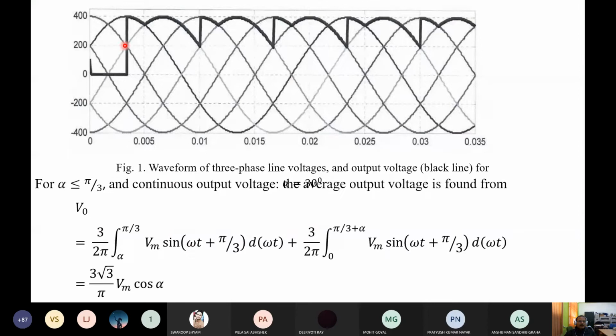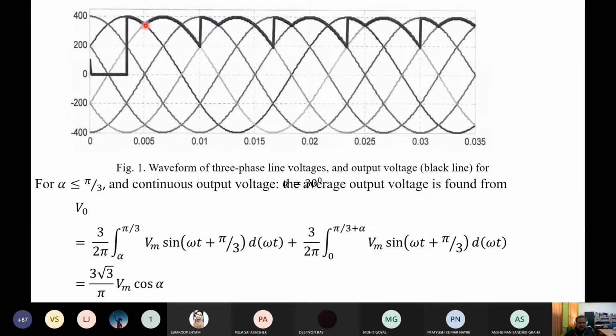So this is the reference. We will measure alpha from here. From here to here it is alpha, and from here to here it is 60 degrees. 3 pulses of such type, and 3 pulses of the other type.